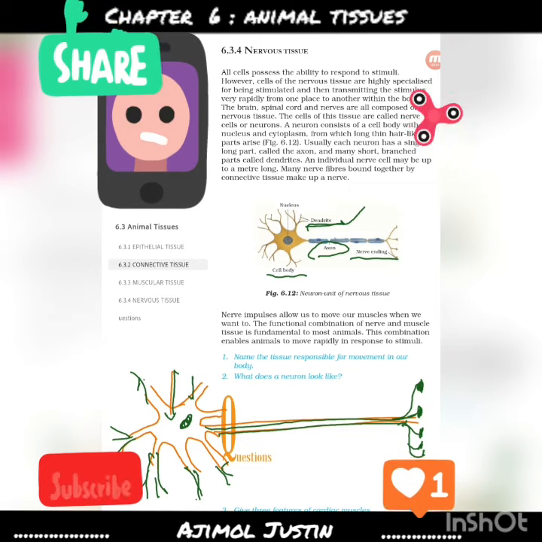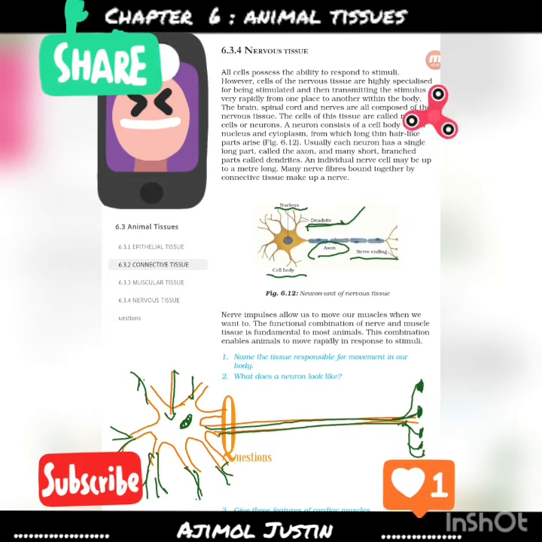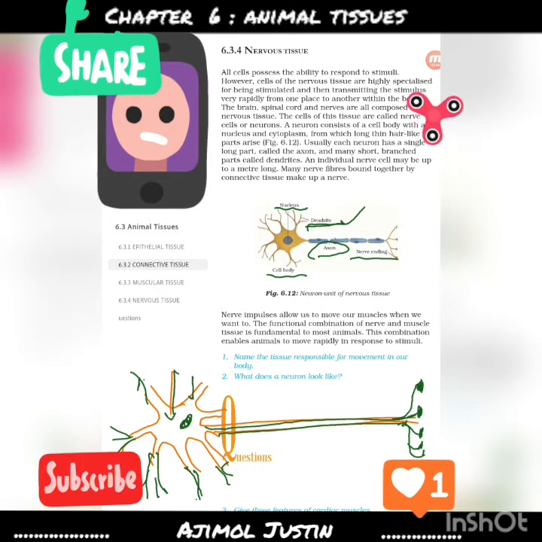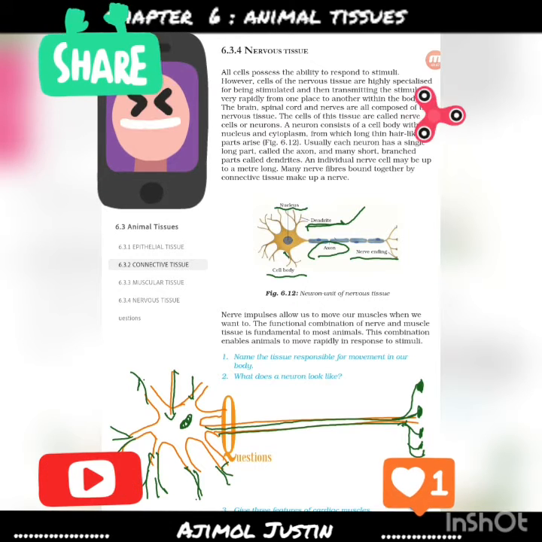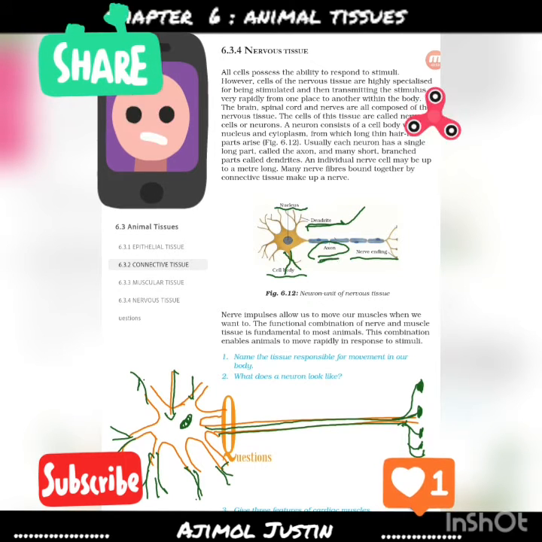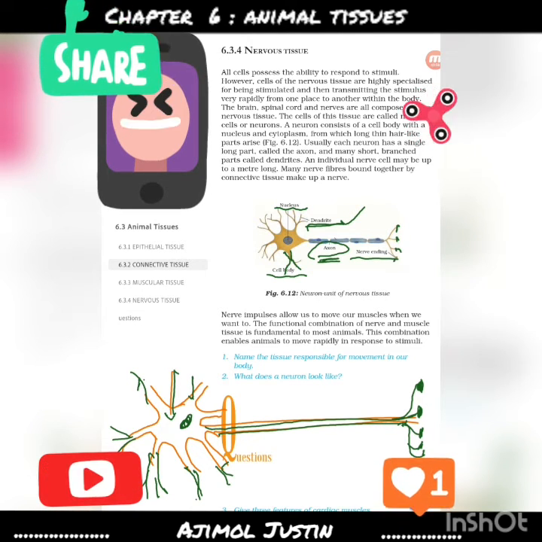Then the center part contains the nucleus. Now the cell body divides into dendrons and then into dendrites, right? And the longest dendron is called the axon, right? And the endings are called nerve endings, right?